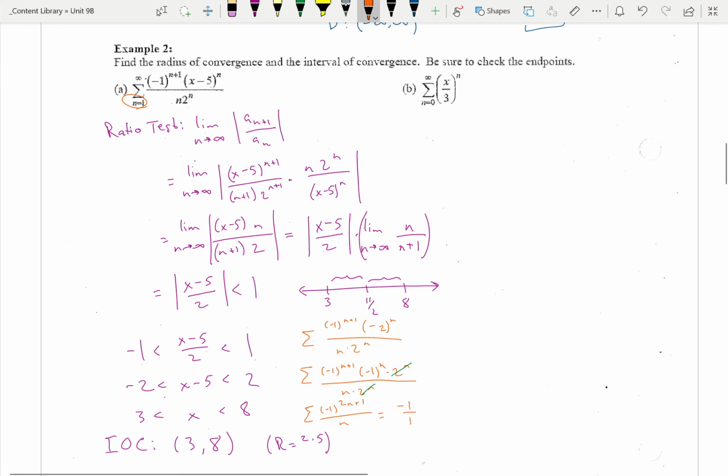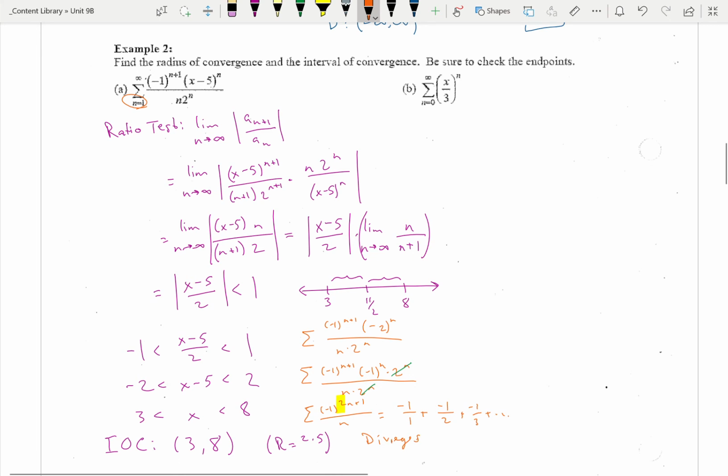And when n equals 2, we're going to get 2 times 2 plus 1, which is 5. So that's actually going to be negative 1 to the 5, which is also negative. So because of this crafty little 2 right here, we're actually not alternating because all of our exponents for the negative 1 are odd. So this thing is actually a divergent p-series, diverges.